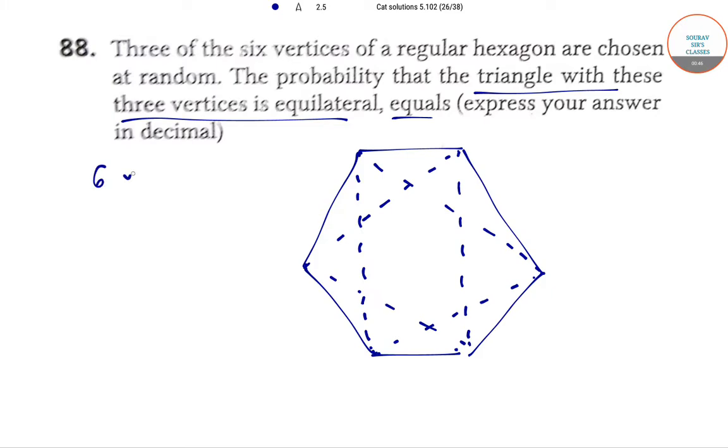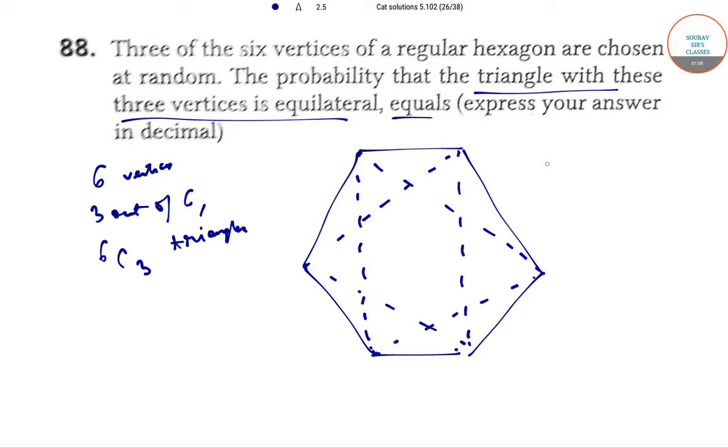Now there are 6 vertices in a hexagon. Using 3 out of 6 vertices, we can form 6C3 triangles. But there can be only some triangles out of 6C3 triangles which are equilateral.